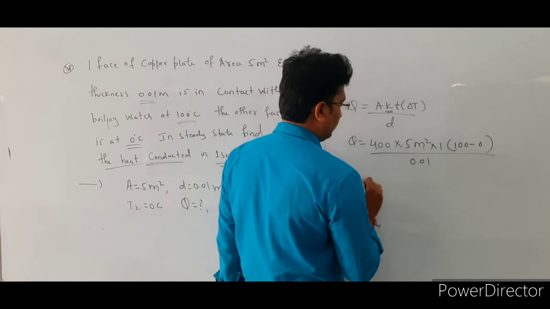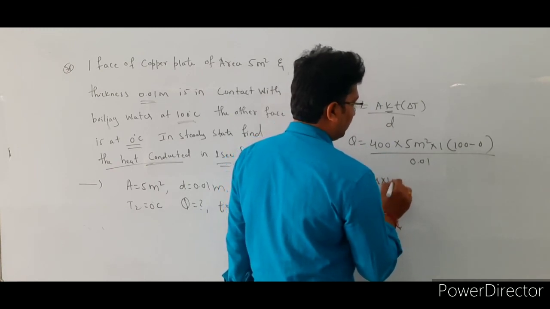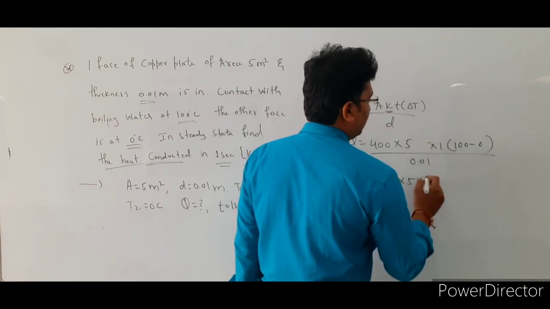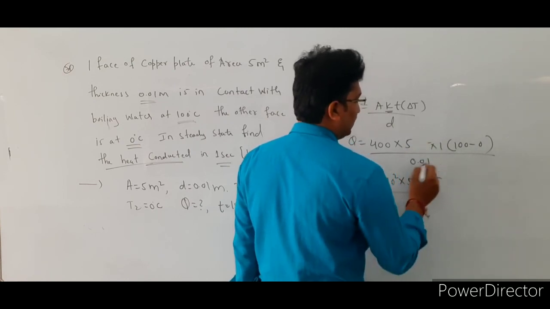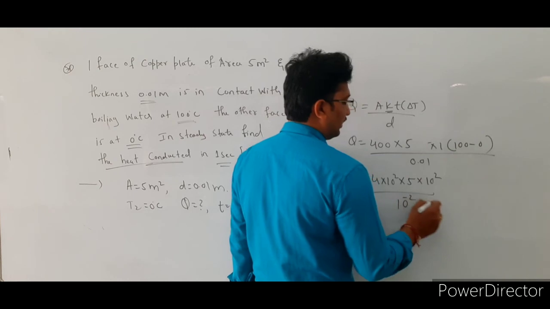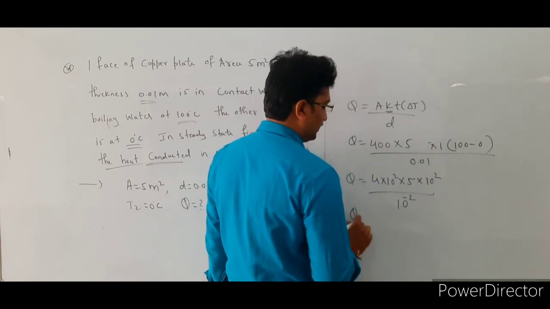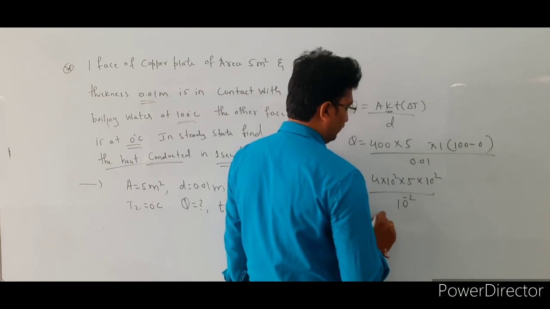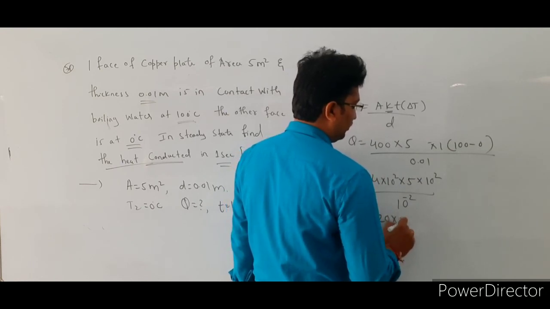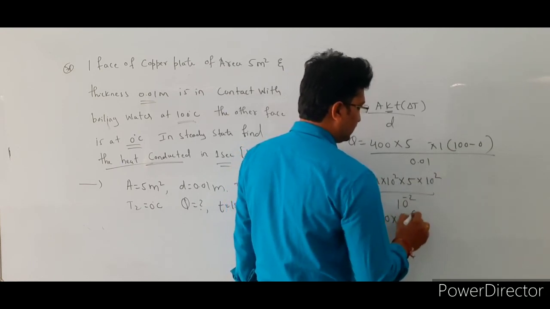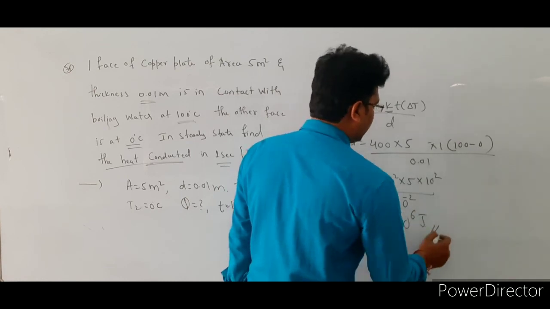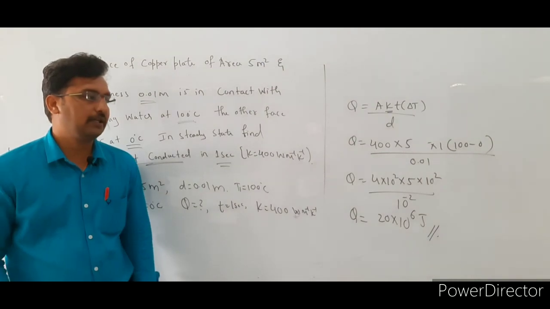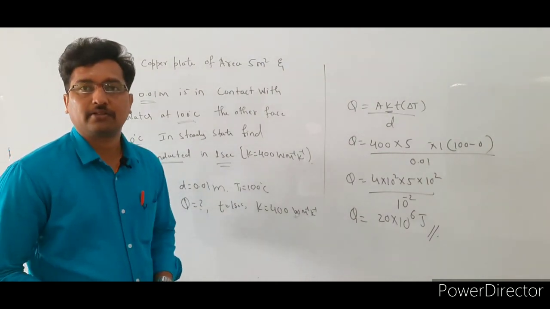Then Q is equal to 4 into 10 to the power 2, into 5, into 100 which is 10 to the power 2, divided by 0.01 which is 10 to the power minus 2. Then Q is equal to 5 into 4, that is 20, into 10 to the power 6 joules. This much amount of heat is conducted: Q is equal to 20 into 10 to the power of 6 joules.